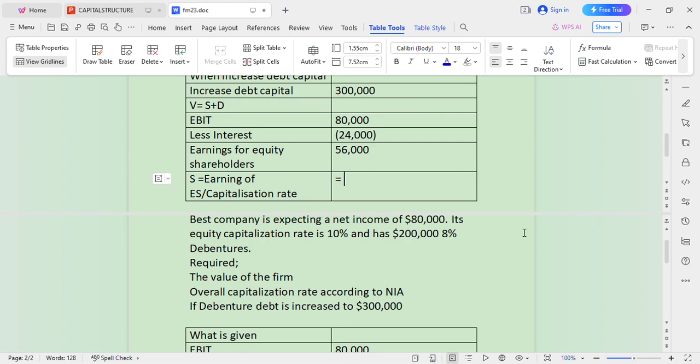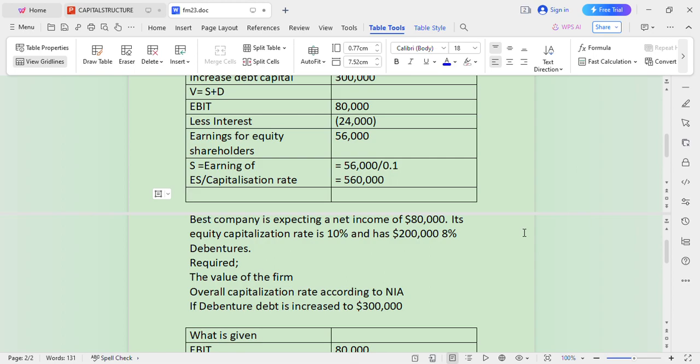So our formula here is 56,000, our earning for the shareholders, divided by the capitalization rate, which is 10%, or 0.1. So that gives you 560,000. Our market value of equity is 560,000.